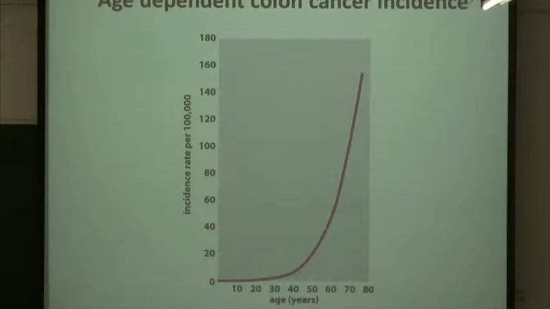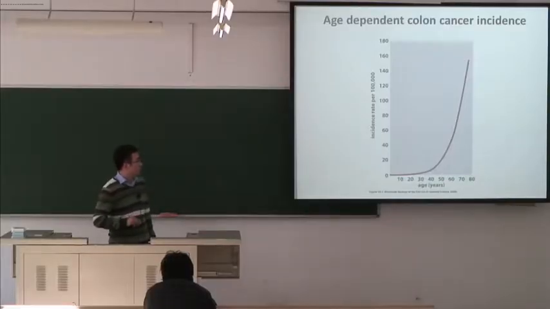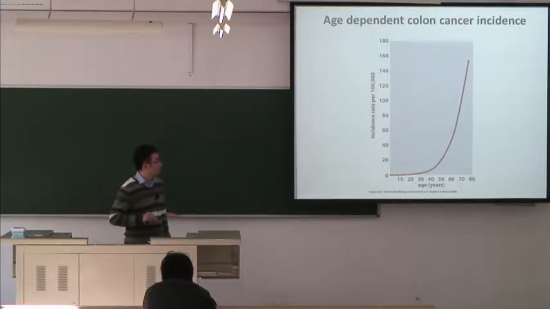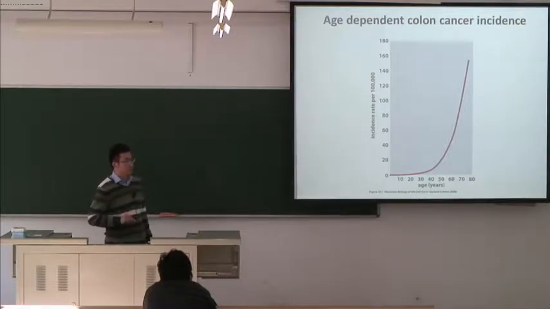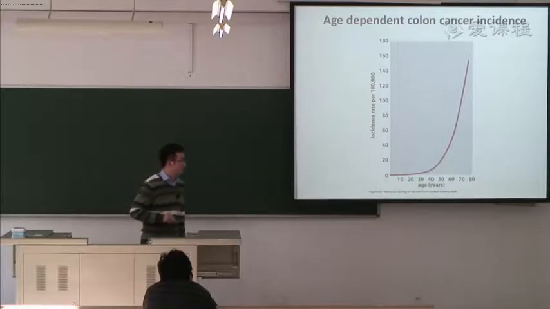And as you can see here, this is a simple plot of colon cancer incidence as a function of age. You can see that with increasing age, the colon cancer incidence increases very sharply. That means colon cancer takes some time to happen.